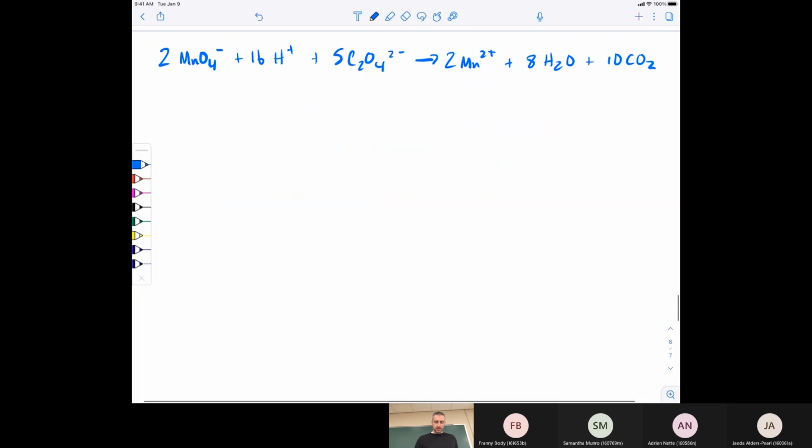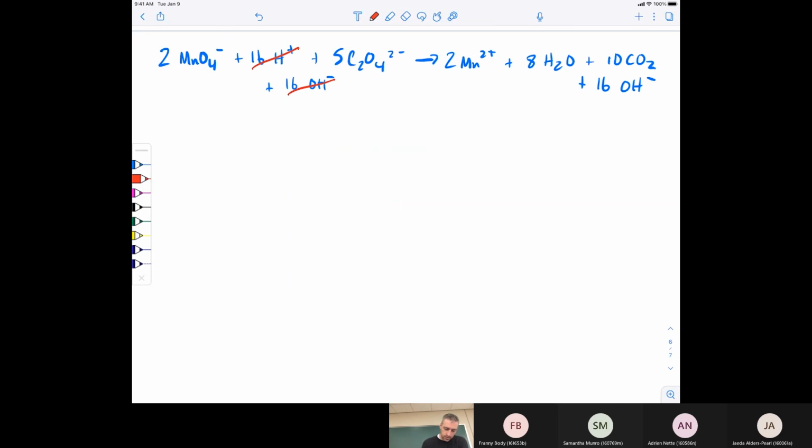So to account for the fact that we have base, what we need to do is add hydroxides to each side to cancel out the H plus. So there's 16 H plus on the left, so what we need to do is add 16 OH minus, and if we add them to the left, we have to add them to the right as well. Now we know that H plus and OH minus will react with each other to make water.